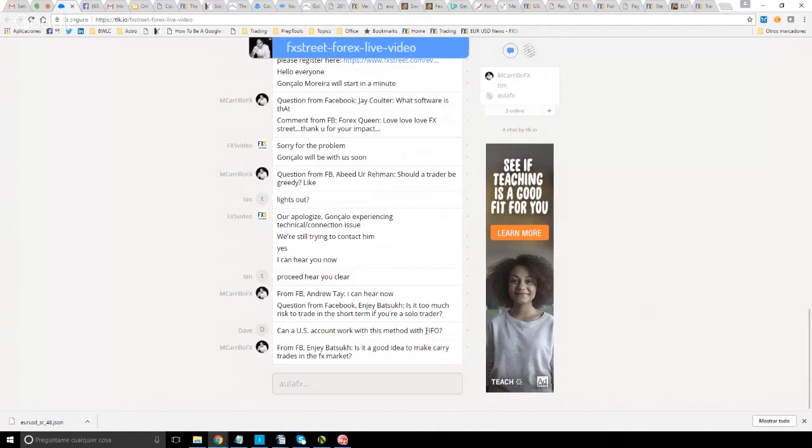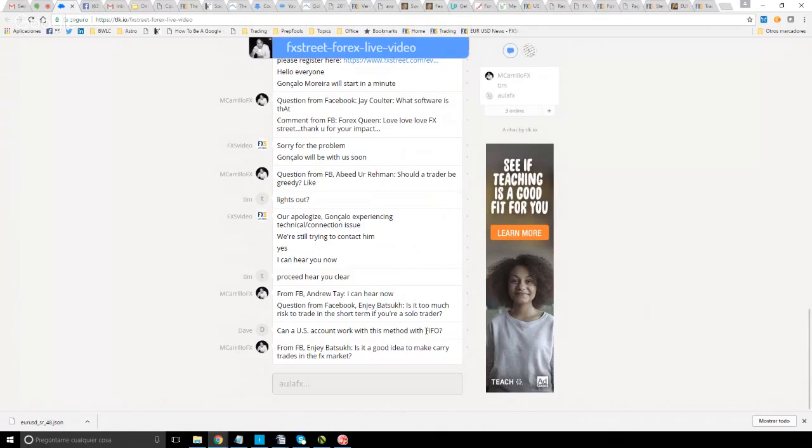But in the end, it may have its advantages, because since you are going to have so many trades at the same time, having two accounts makes it a little bit more visible. But for sure it can be done.